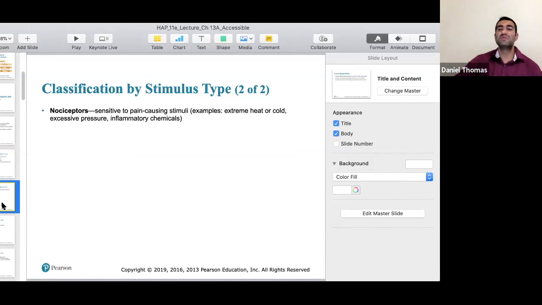Nociceptors detect pain, and you never get used to it. As we'll talk about, there are certain kinds of sensory receptors that we call phasic and tonic. Let me just double check here.